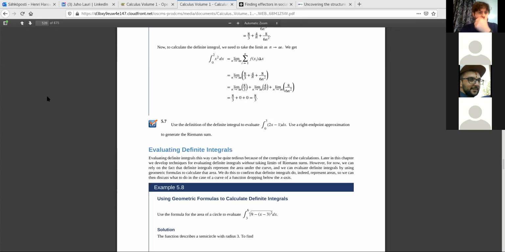And we need to figure out what xi is. Well, xi is x0 plus i times delta x, which is 3 times i over n, right? So our sum of f(xi), and the sum is of what?